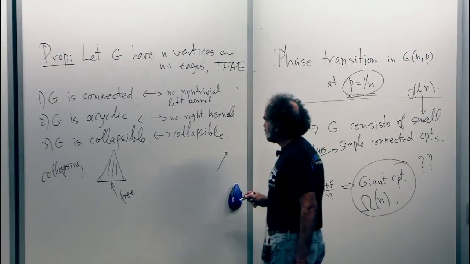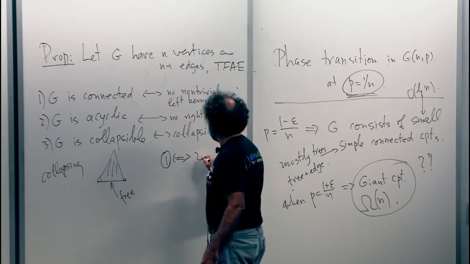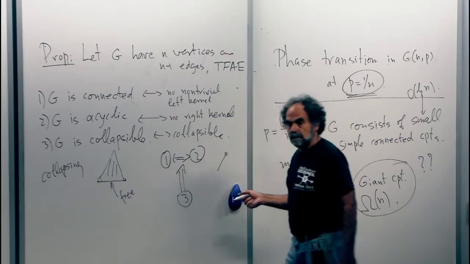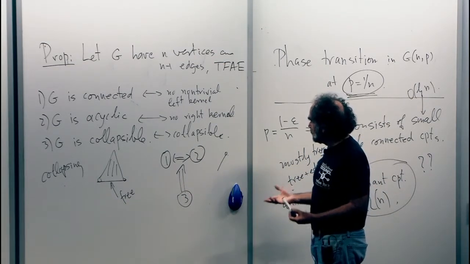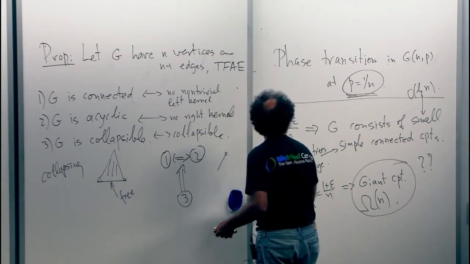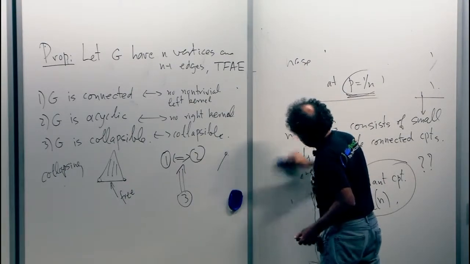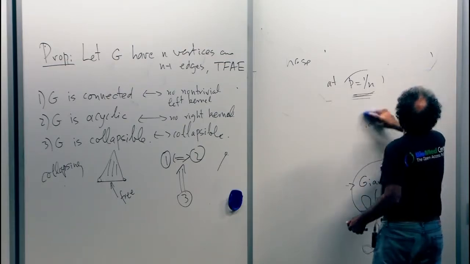No, it's very easy to show that in general 1 and 2 are equivalent. 3 implies 1 and 2, but it's not equivalent. Okay, and so this now suggests 2 concrete questions to ask. One we already solved. One we have only a partial solution for.